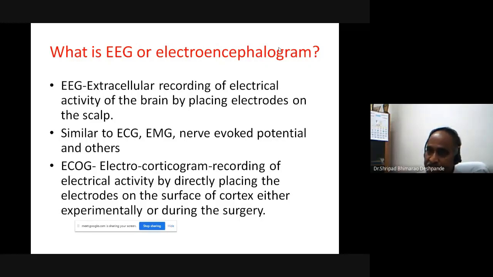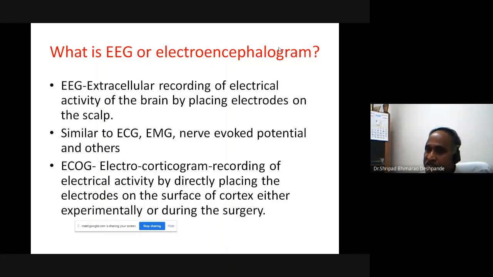Even before EEG started, scientists were placing electrodes on the surface of the cortex, recording the electrical activity, and that is known as electrocorticography. I have given two terms here.